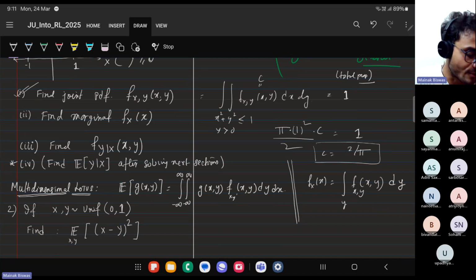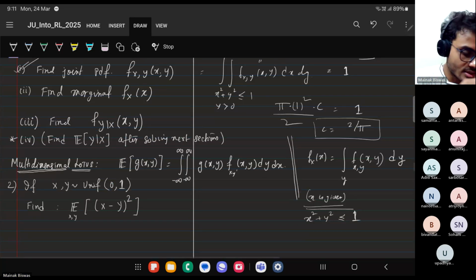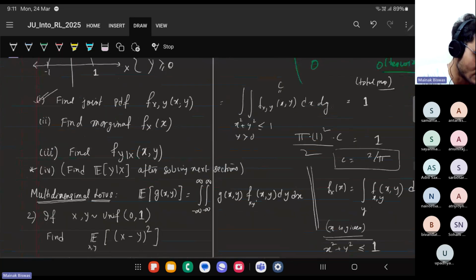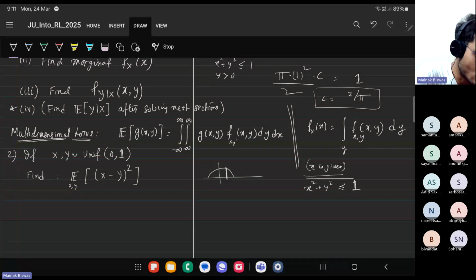Now tell me, if a particular value of x is given to me, what are the possible values of y? x square plus y square has to be less than 1, right? This region must always hold. We must always be enclosed in this region.